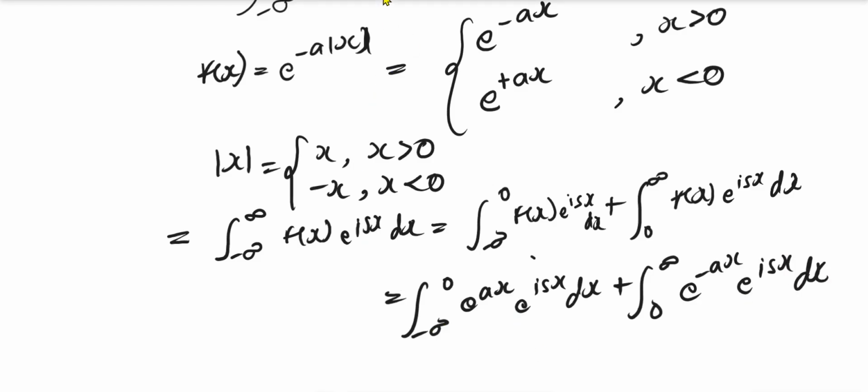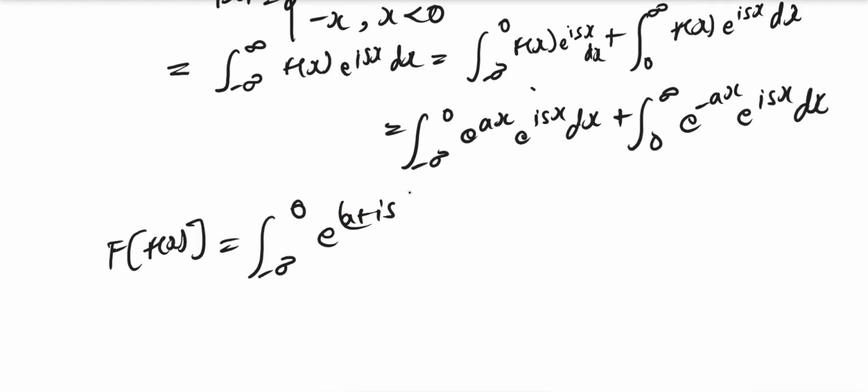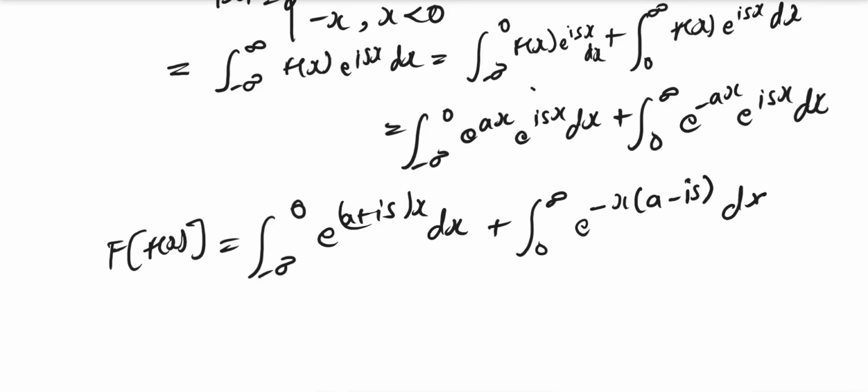Further simplify करेंगे, Fourier transform of a function f of x is equal to minus infinity to 0 e raised to the power (a plus iota s)x dx plus integration 0 to infinity e raised to the power minus x (a minus iota s) dx.